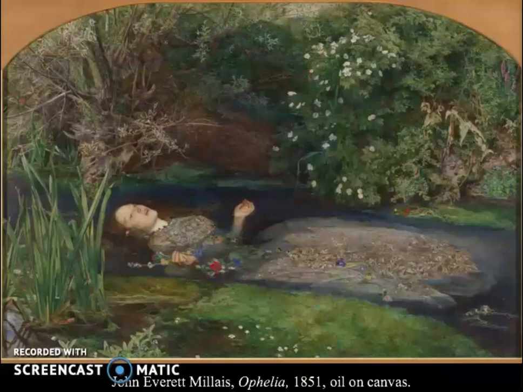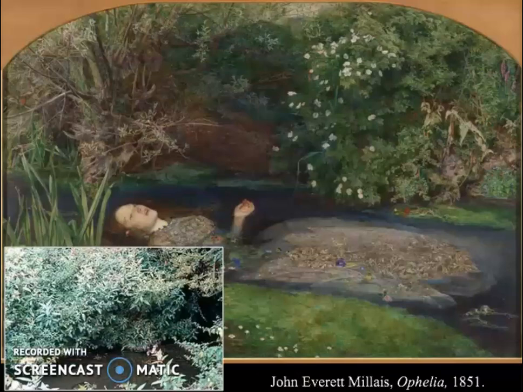And it becomes a very romantic image for Victorian painters such as Millais. So Millais goes to great lengths to depict this in detail. He paints very particular places, such as Hogsmill River at Ewell, which is represented here, as well as in his studio.